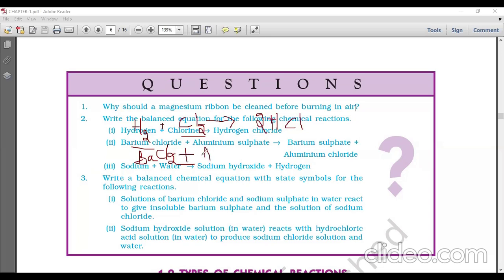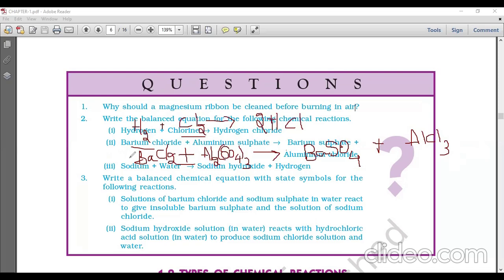Note down the formula: Al2(SO4)3. It gives rise to barium sulfate, whose formula is BaSO4, plus aluminum chloride, whose formula is AlCl3.